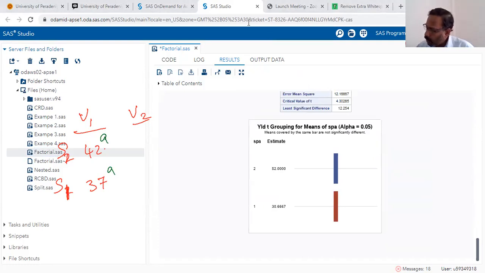So variety 2, spacing 2 has the higher mean yield of 52. Spacing 1 has an average yield of 36.7. If you look at the difference, these are two different spacings in terms of producing yield for variety 2.